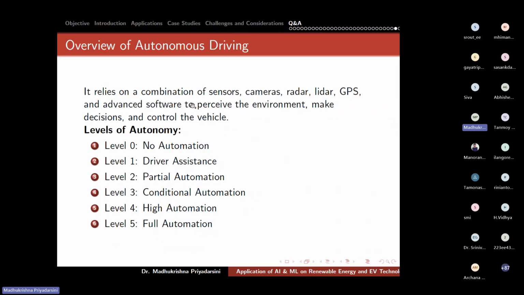For that, we have sensors: the cameras, the radar, the lidar, and the GPS. Anyone, what is the lidar? We know what a camera is, what radar is, what GPS is. So basically, lidar is an extension of radar, and through light it finds the output.